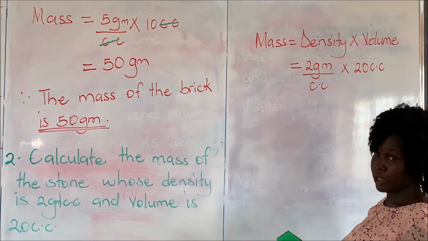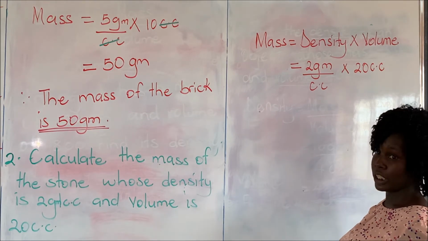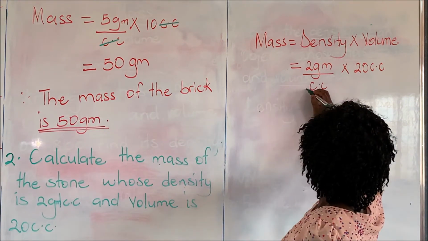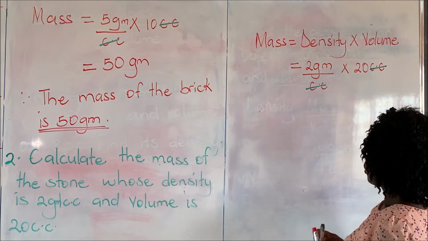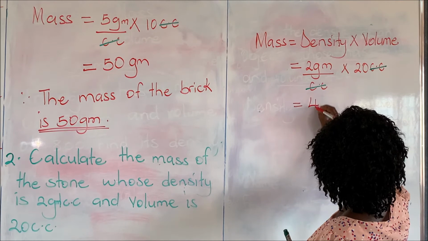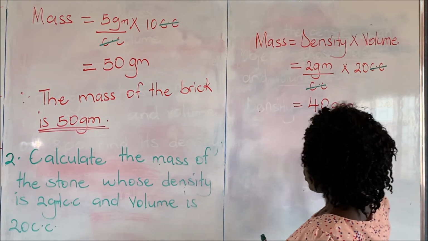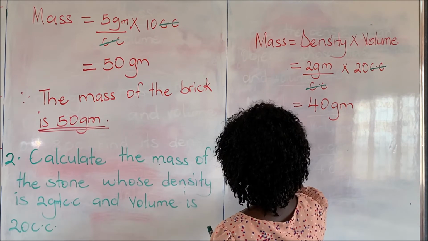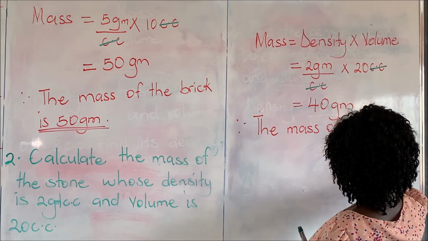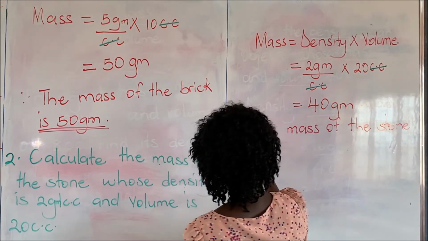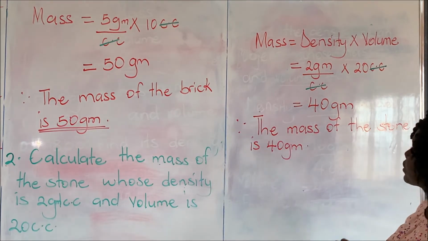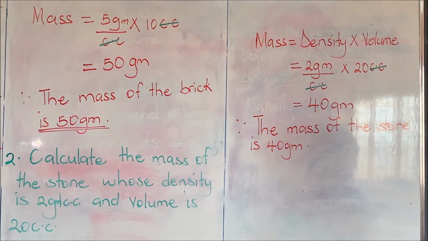Now remember, we are seeing a common unit, that is cubic centimeter. So let us do away with the common units. What are we remaining with? 2 grams times 20, what do we get? That is 40 grams. So therefore, the mass of the stone is 40 grams.